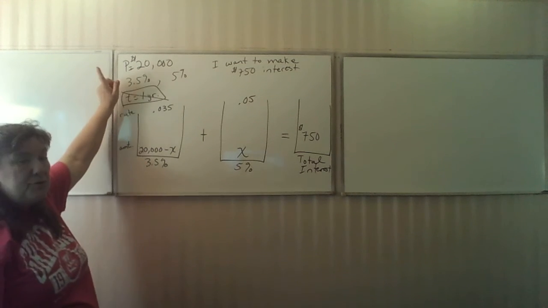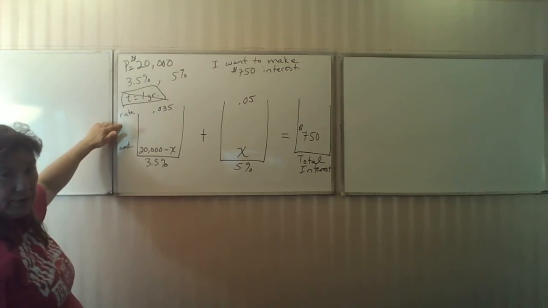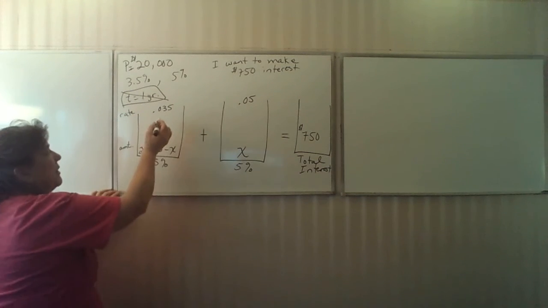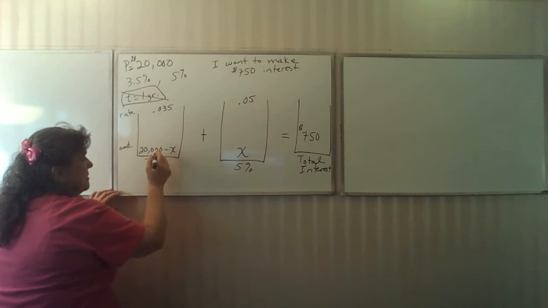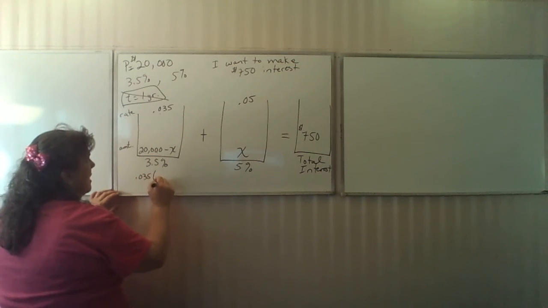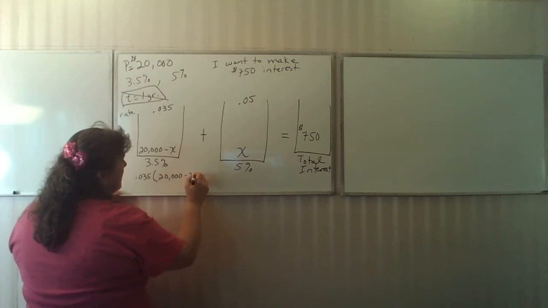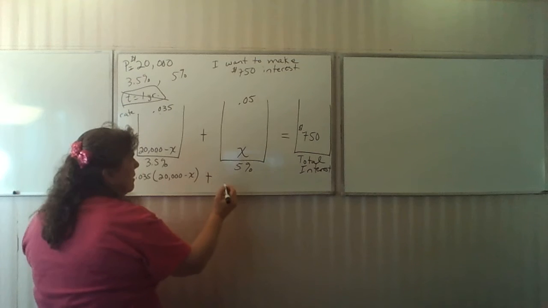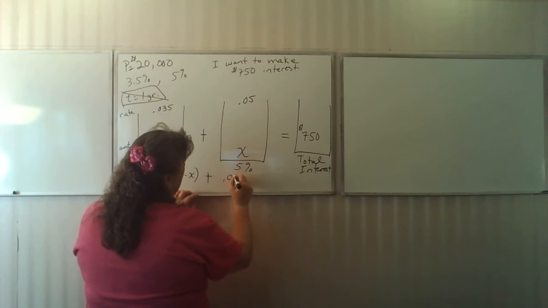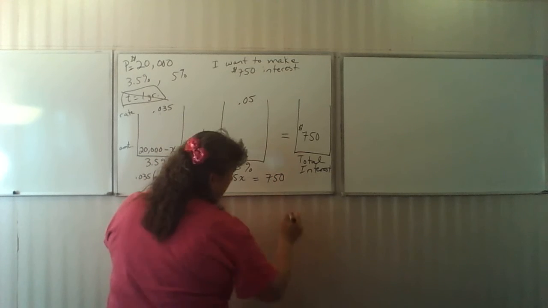Remember, interest is principal times rate. So we're going to have my rate times my principal, which is 0.035 times 20,000 minus X, plus 0.05X is equal to $750.